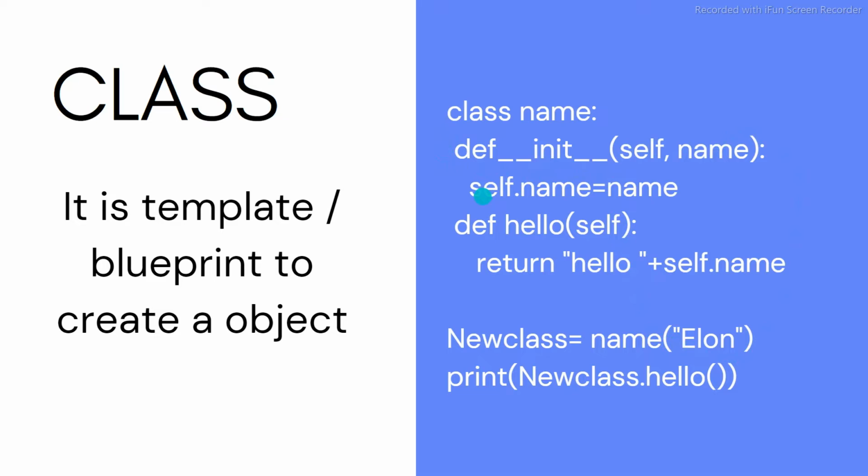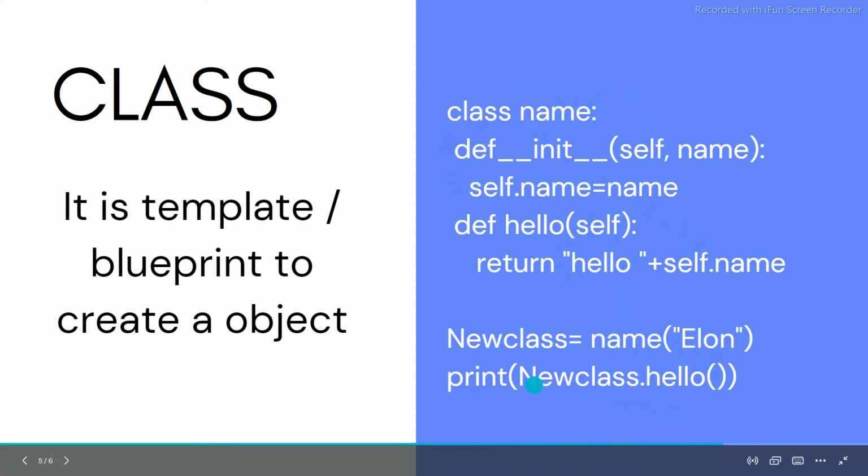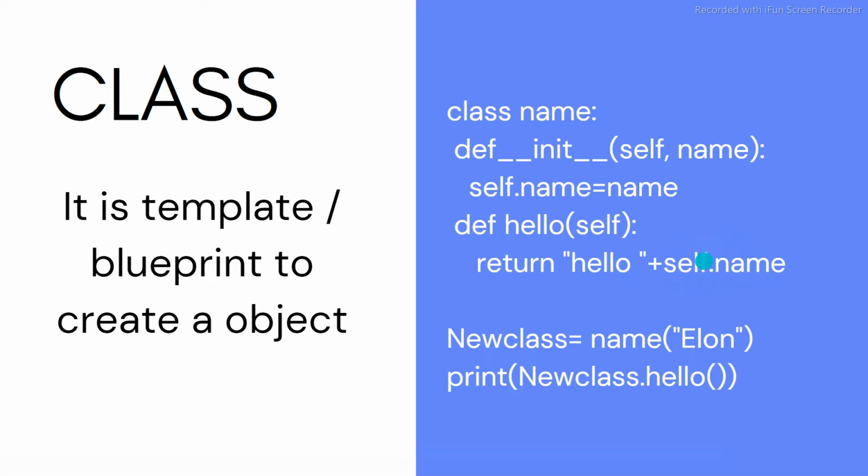It is going to initialize the name of that person which we are creating, his name alone is initialized here. And this hello function, when we call it using this variable dot the function that is present in this class, it is going to say hello alone, because we have said self dot name.